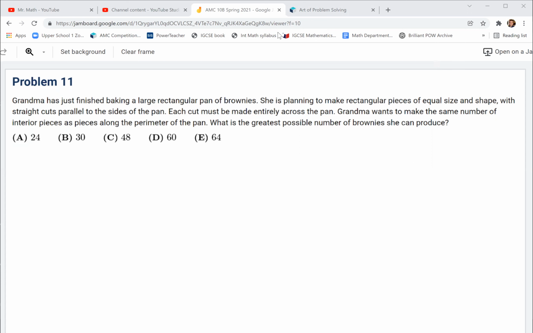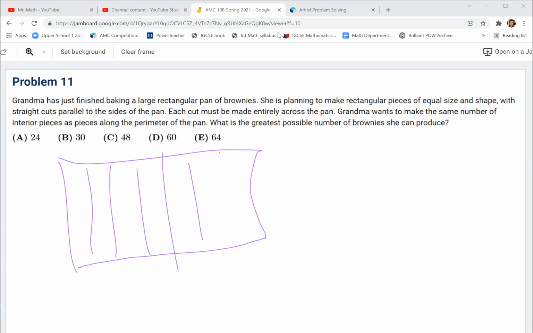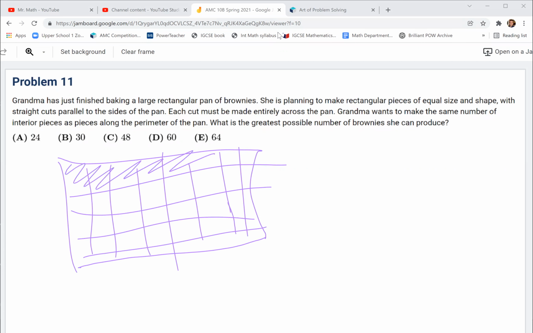Okay, so basically she's making these brownies. We have this rectangular pan, and it's going to be cut up into some number of columns and some number of rows, all of equal size. We want the number of pieces along the perimeter to be equal to the number of pieces inside the perimeter, in the middle.